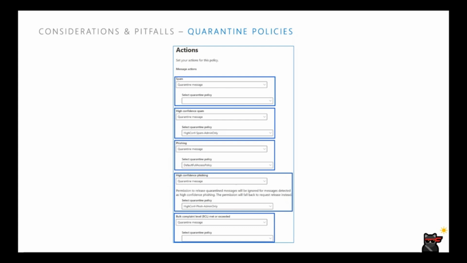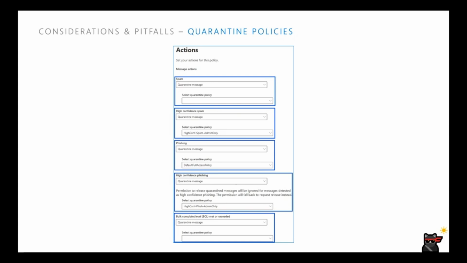Here, if you so desire, you can select one policy for phishing that allows them to request a release, but for spam or high confidence spam, you can set one that allows them to release the messages themselves, them being the users, of course, the recipients.